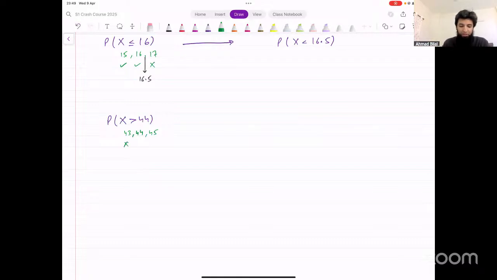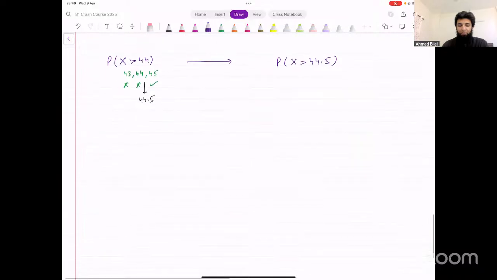No. Is 44 greater than 44? No. 45? Yes. Where is the decision changing? Between the tick and cross, this is 44.5. In normal distribution, this probability would become x greater than 44.5.